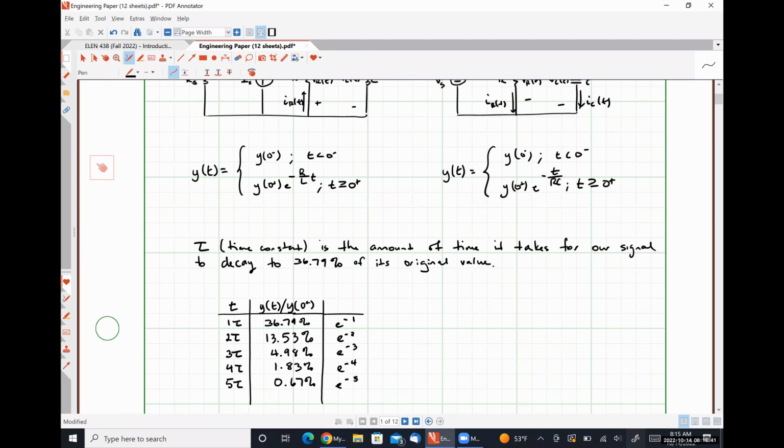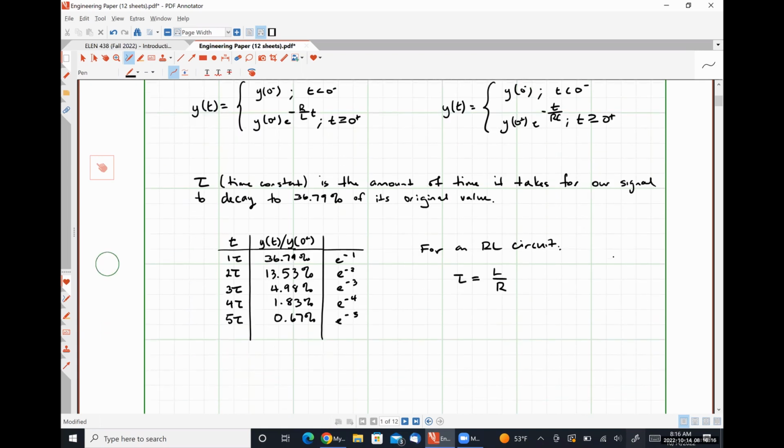Okay. So for an RL circuit, our time constant tau is simply L over R. So it is the inverse of the thing that's being multiplied by t here, right? Because we want it to be in one time constant, we have e to the minus 1, okay?